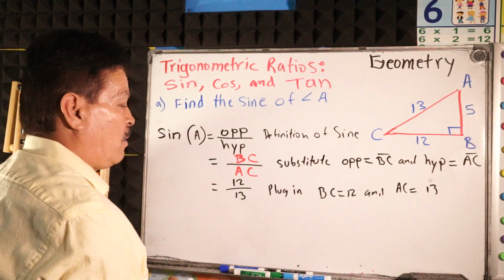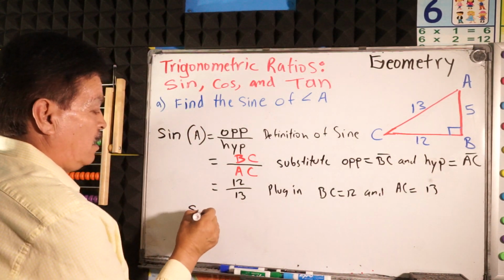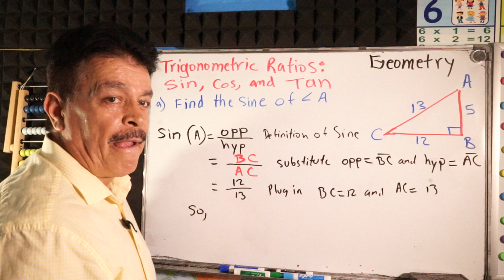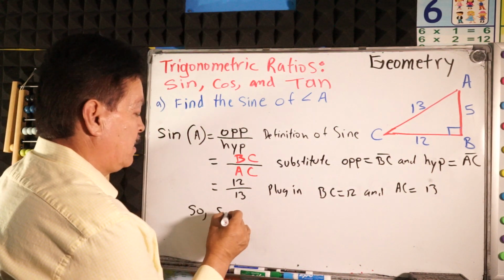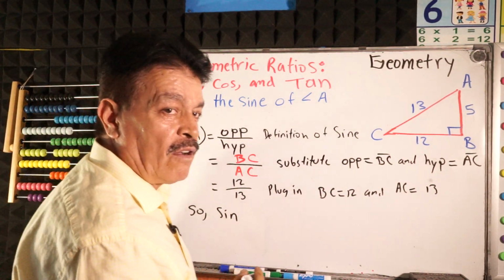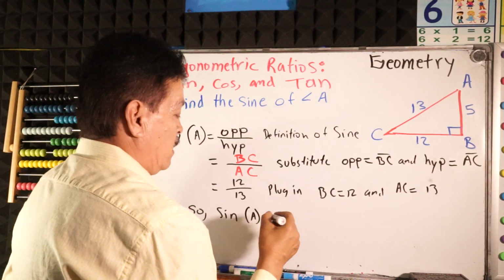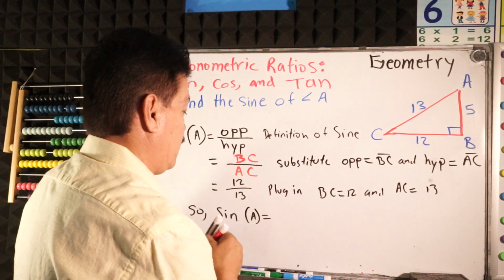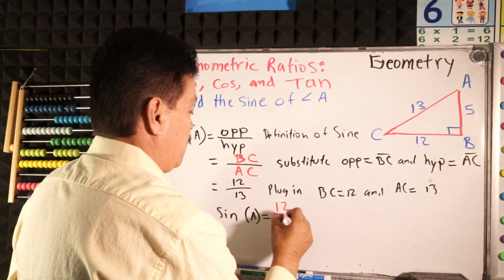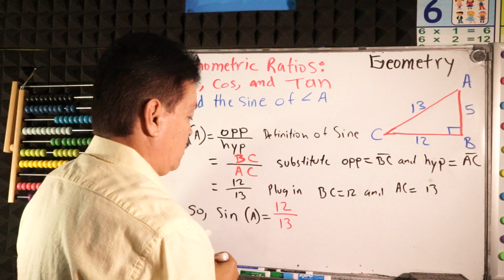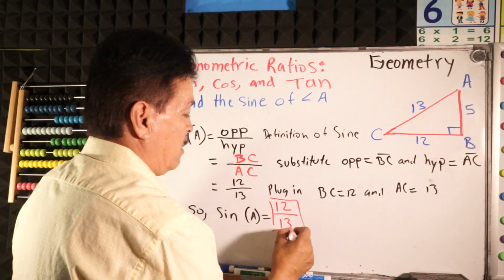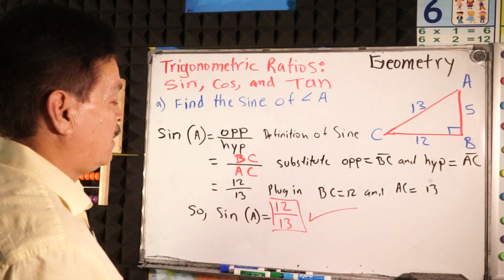So our conclusion in this problem is the sine of angle A is equal to 12 divided by 13. This is our answer. Okay, this is the sine.